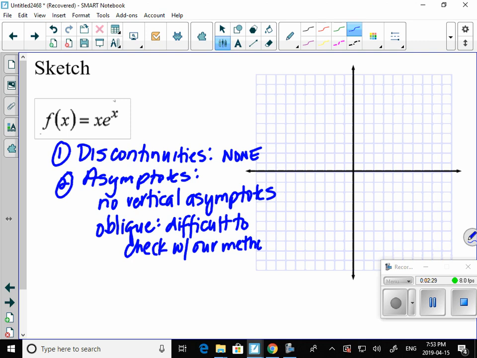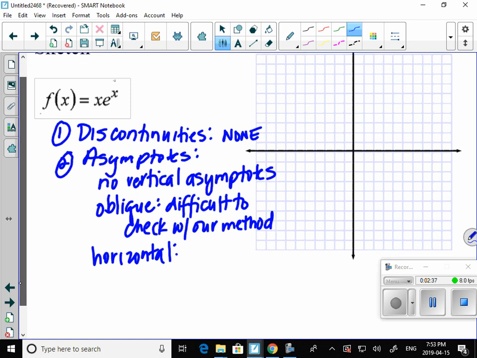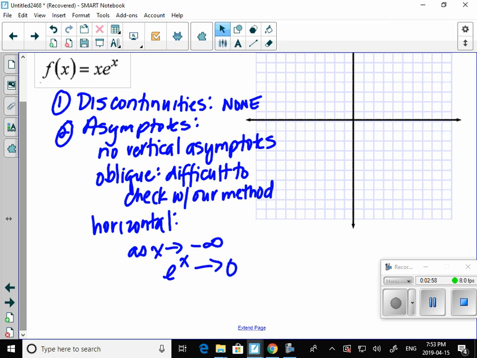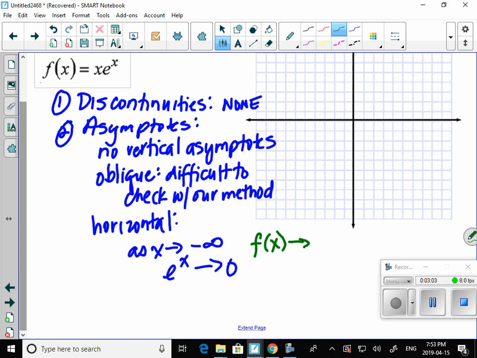And then let's consider horizontal asymptotes. So as we look at end behavior, as x gets more and more negative, the e to the x part of it gets closer and closer to 0. So as x approaches negative infinity, the function itself is going to approach 0.